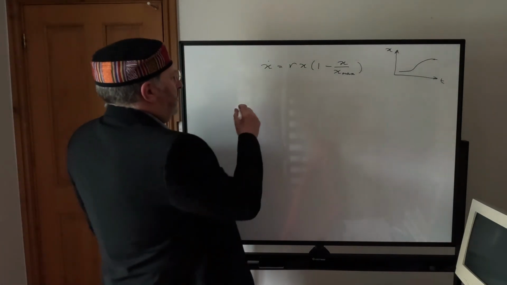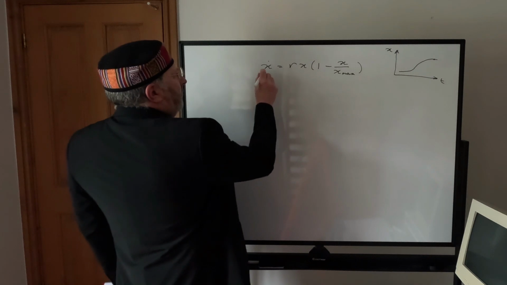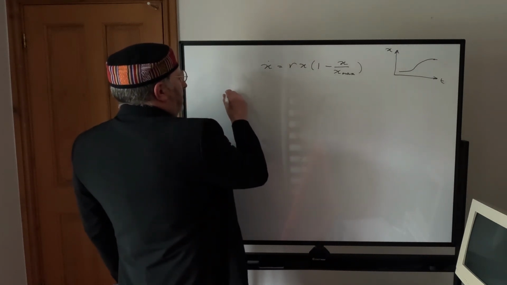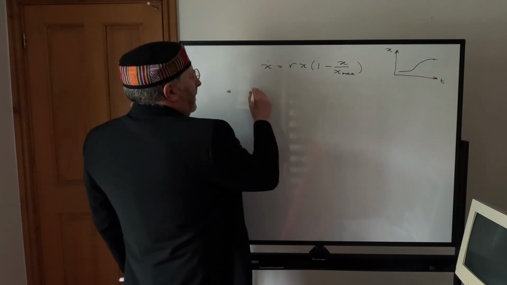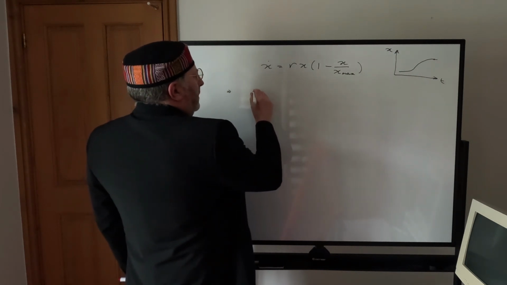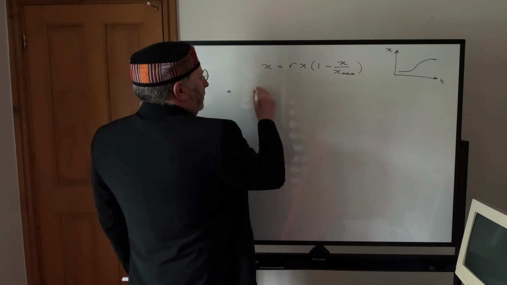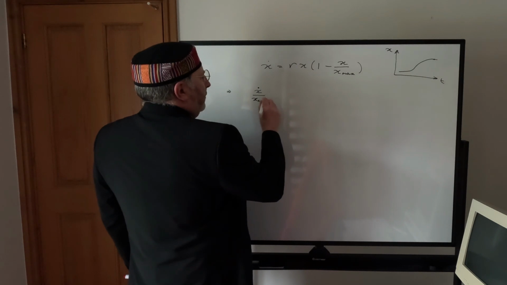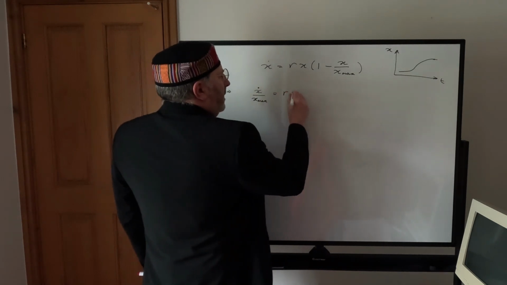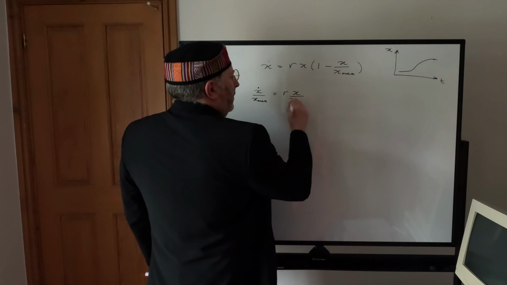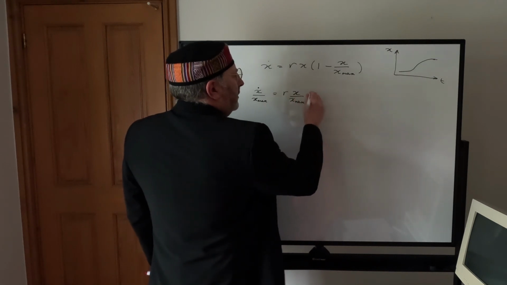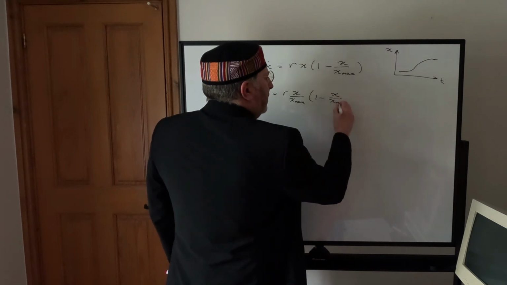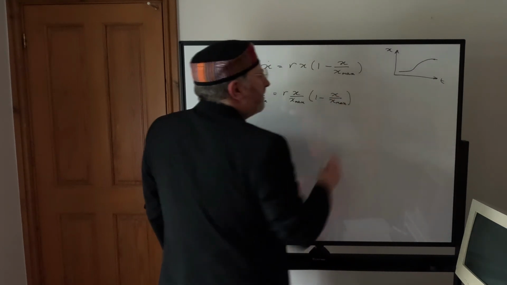So the first thing we do is divide this through by x max. So we're going to have x dot over x max is equal to r times x over x max into 1 minus x over x max.